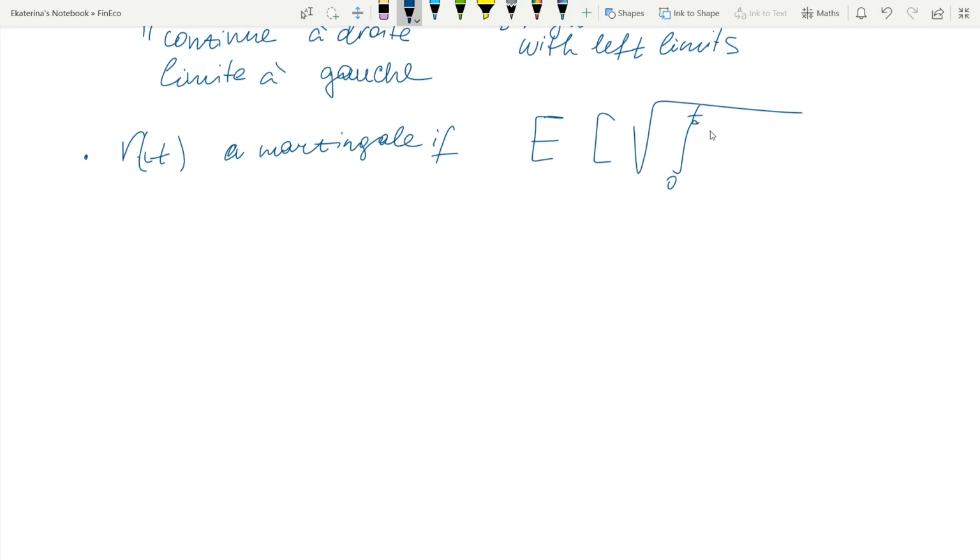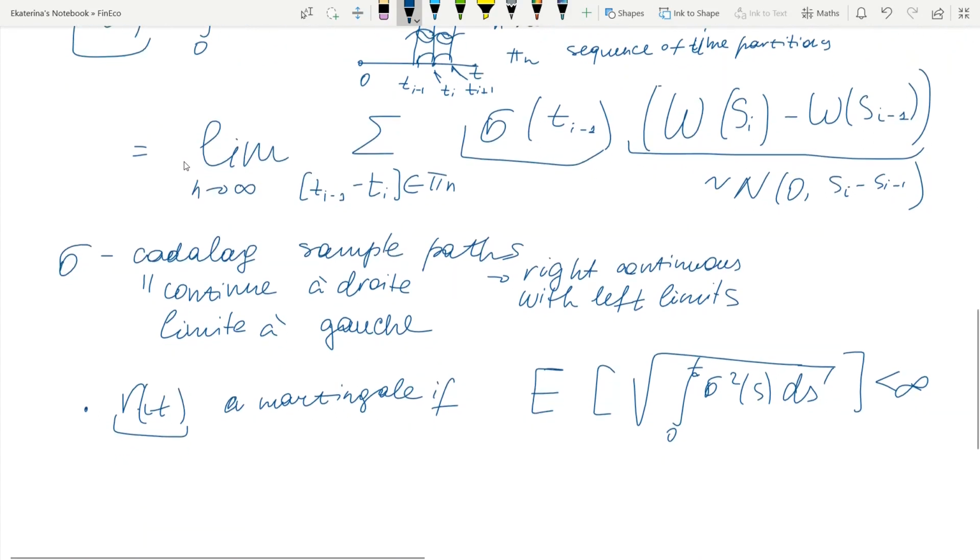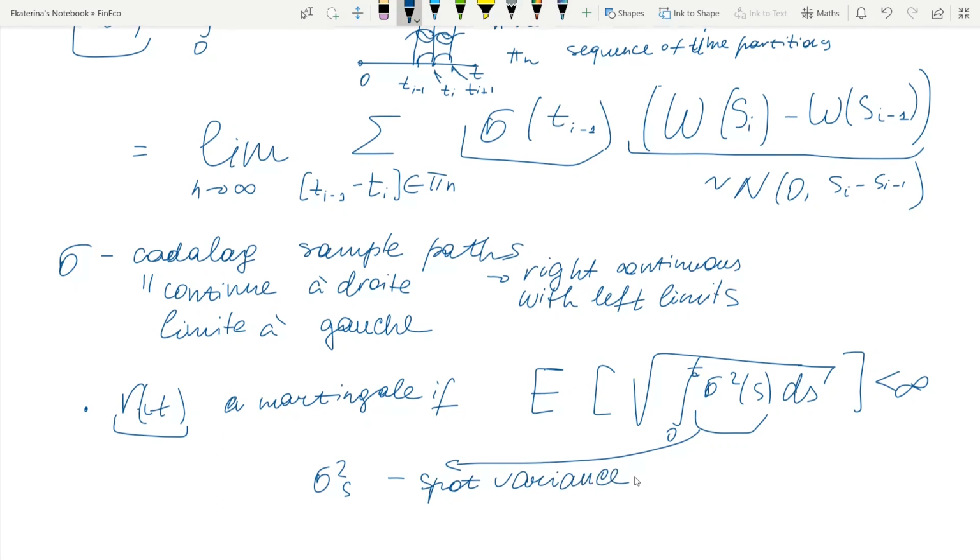So you take your integrated variance, you say that that should be finite, and if that guy is finite, then you have that your RT is a martingale. Okay. Now, this sigma squared, which is the evolution of your stochastic volatility over time continuously, that is called spot variance. And basically, you can define spot variance of any continuous time process.